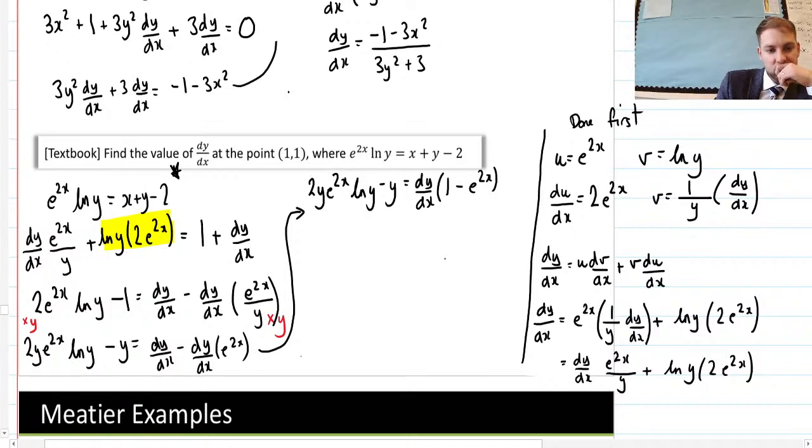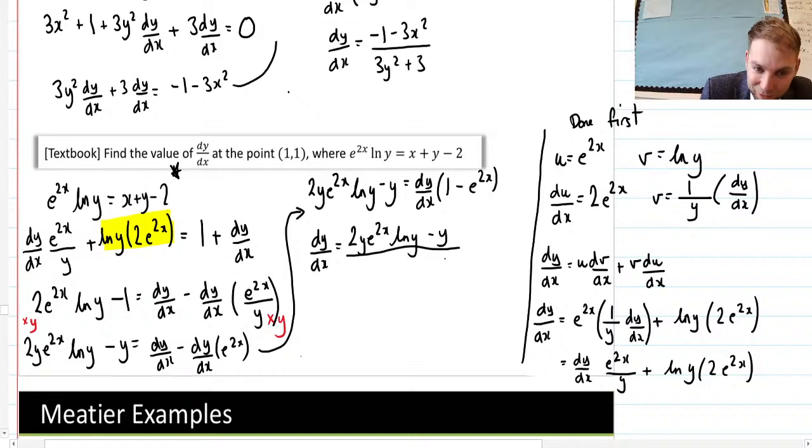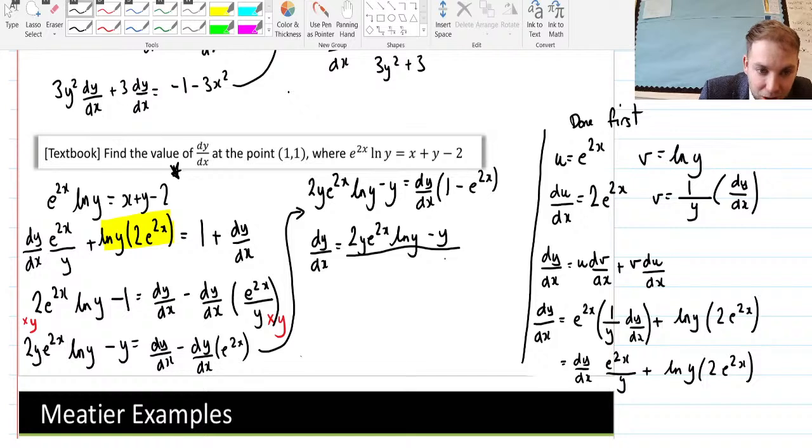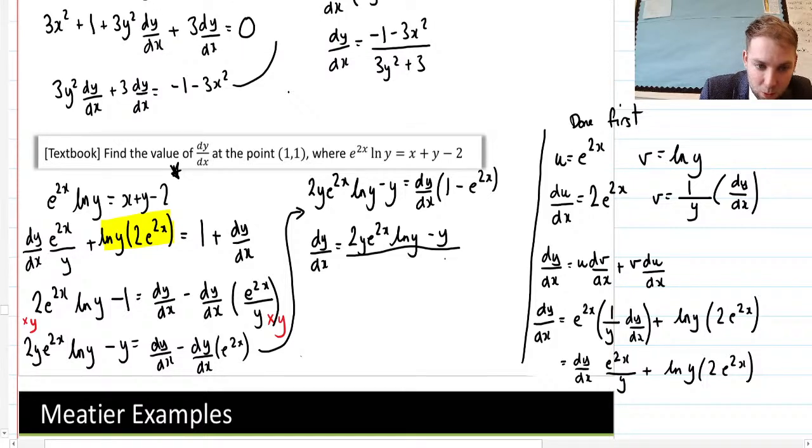Okay. So we're nearly there now with this, because we're now going to divide by that 1 minus e to the 2x. So we end up with dy by dx is equal to 2y e to the 2y ln y minus y all over 1 minus e to the 2x.